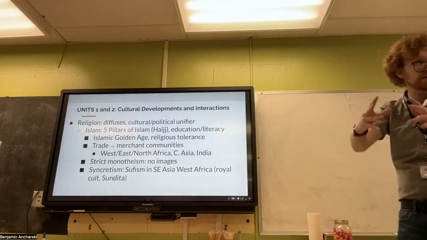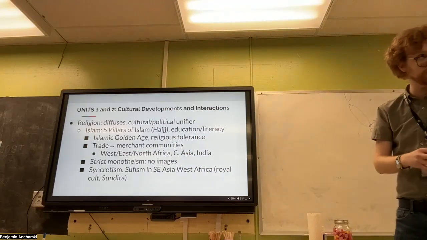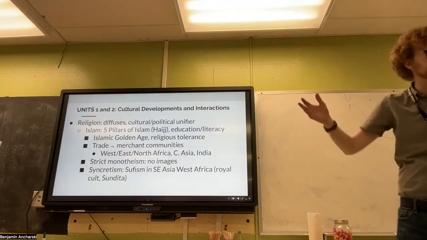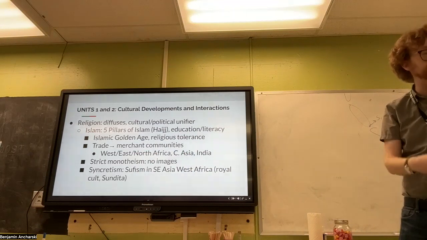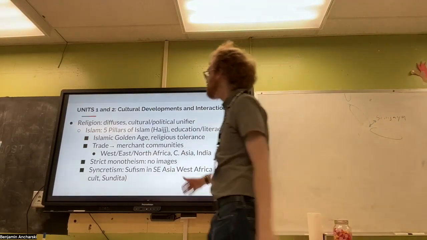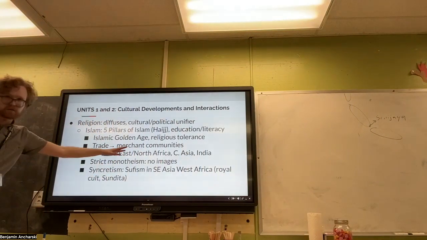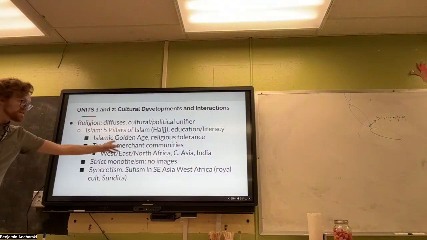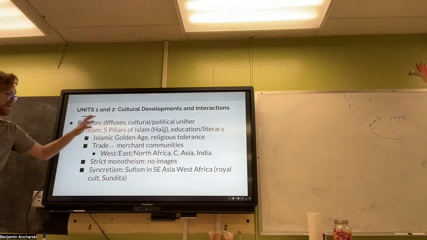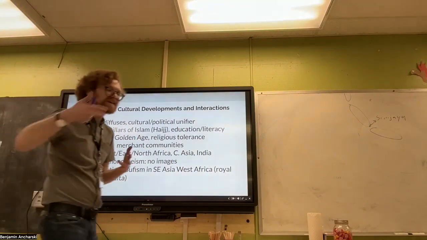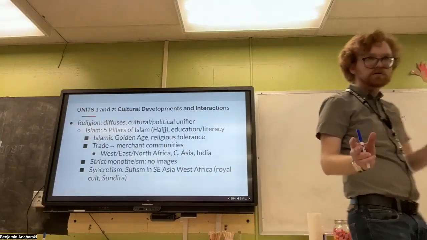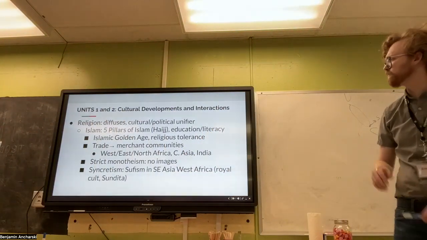These are communities, ethnic enclaves, you could almost say, in faraway places where Muslims, for example, gather together and they practice their beliefs. So we are going to see a spread of Islam to different parts around the world. West, East, and North Africa, for example, Central Asia, but also into India as well. It starts, of course, on the Arabian Peninsula.